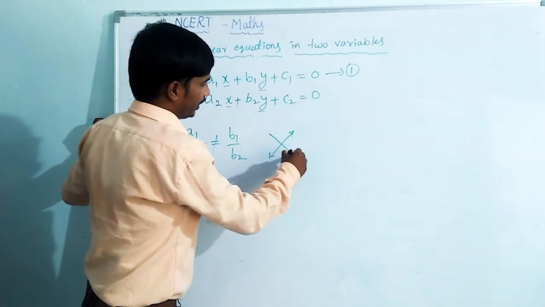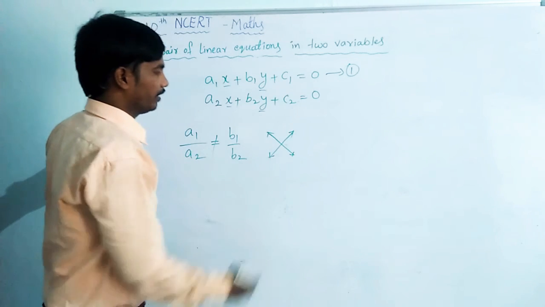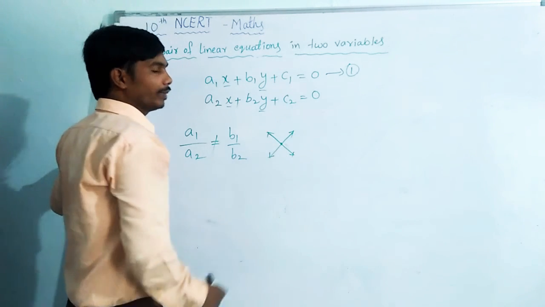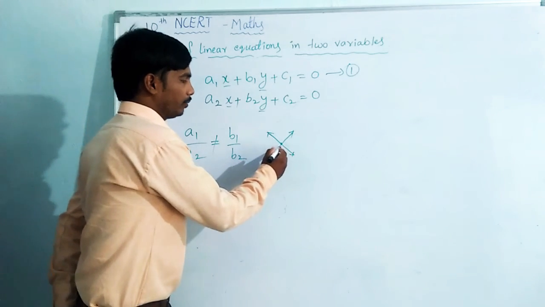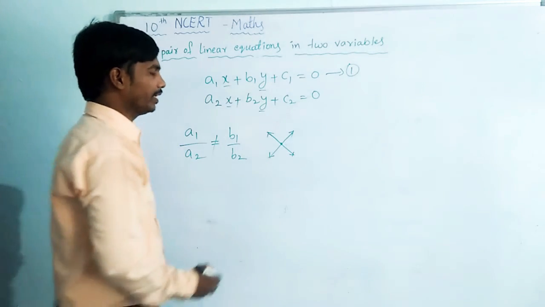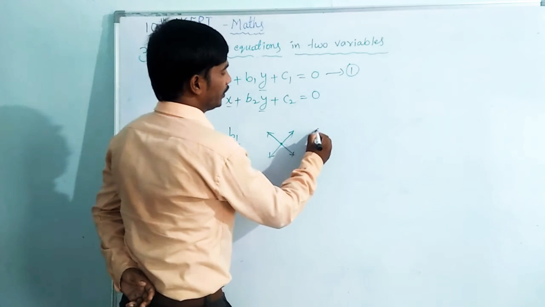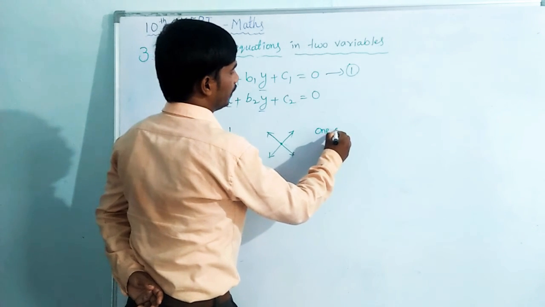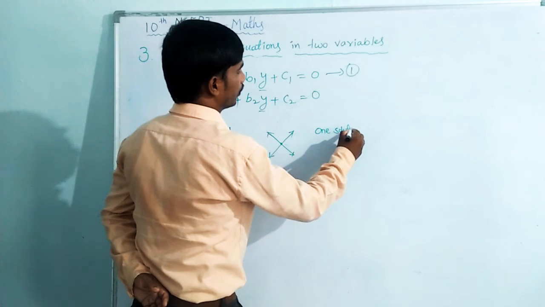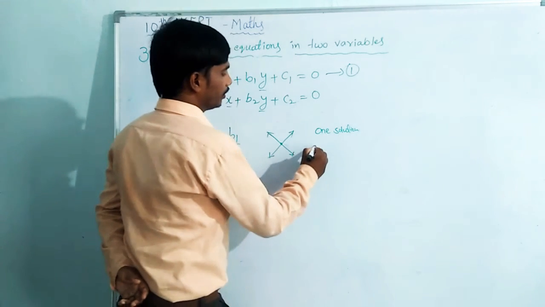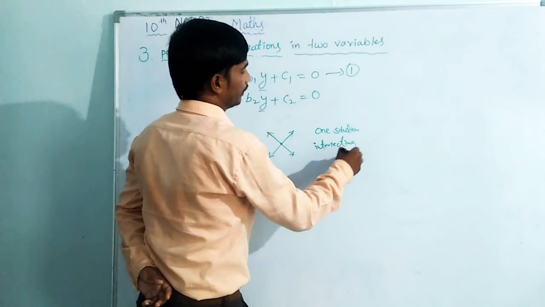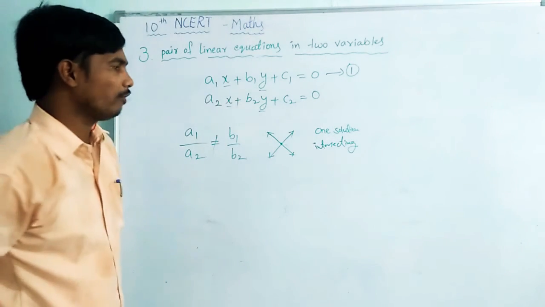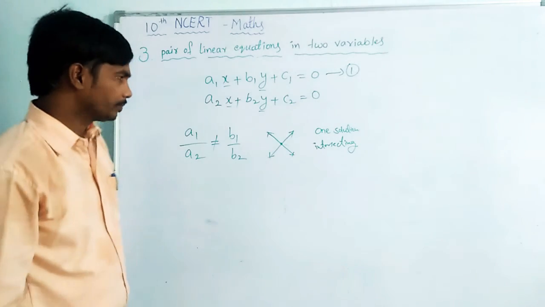If a1 by a2 is not equal to b1 by b2, the pair of linear equations are intersecting at a point. If both linear equations intersect at a point, how many solutions do they have? One solution.